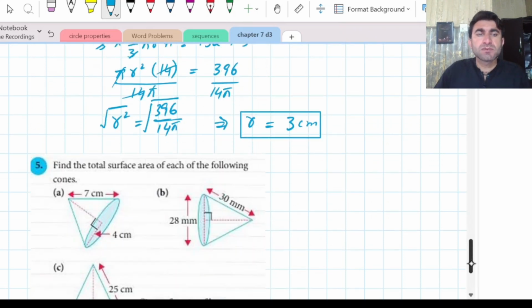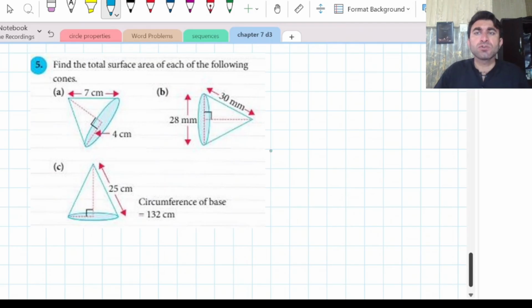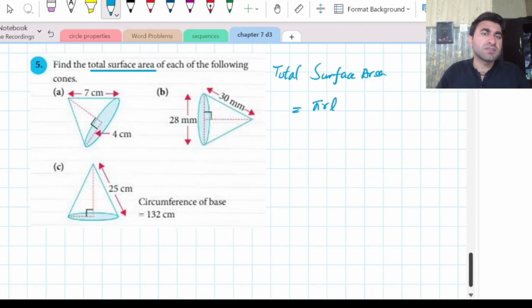Now moving to question number 5. It is stated, find the total surface area of the following cones, and as it is stated the total surface area, it is definitely total surface area equals pi rl, the curved surface area, plus pi r square, the area of the circular base.